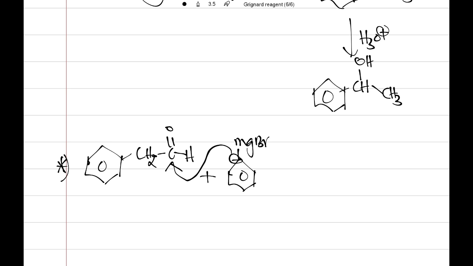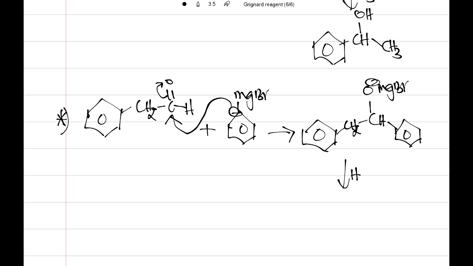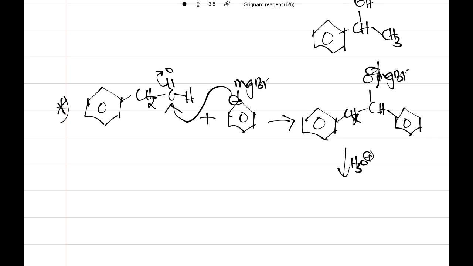When it is attached to this carbon, electrons are shifted towards the oxygen, and we can get benzene with CH2, here it is CO minus and MgBr, and this is the hydrogen, with the benzene ring. Okay, after this on hydrolysis, this bond will break and oxygen gets the hydrogen. Nothing but here also we can get the secondary alcohol only. So this is the product of the reaction, right?